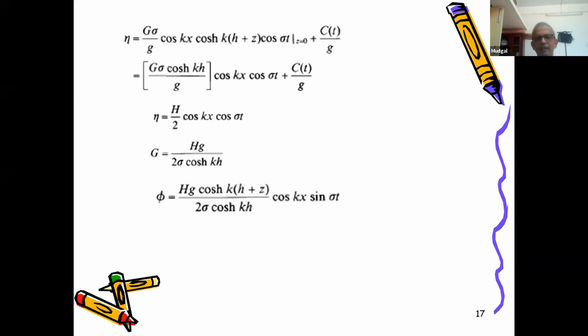So that is what is done, and what you would get is that eta is equal to h by 2 cos kx cos sigma t, and this term here is nothing but hg by 2 sigma cos of kh, and you get the value of phi which is equal to hg cosh k(h plus z) over 2 sigma cos kx into sin sigma t. So this is the velocity potential that you would finally get.